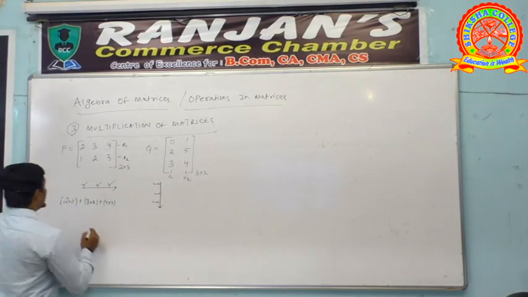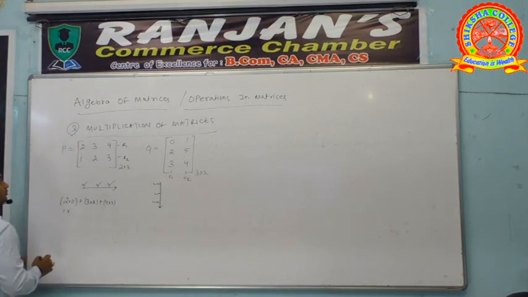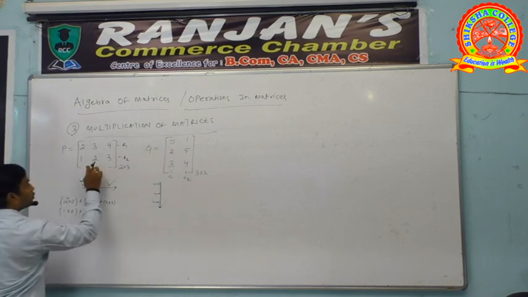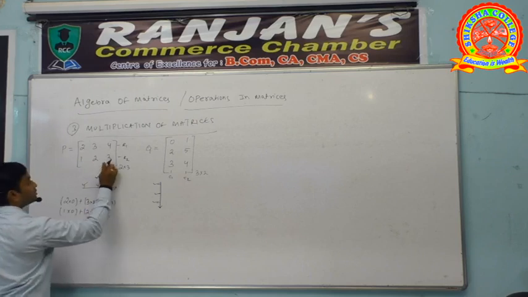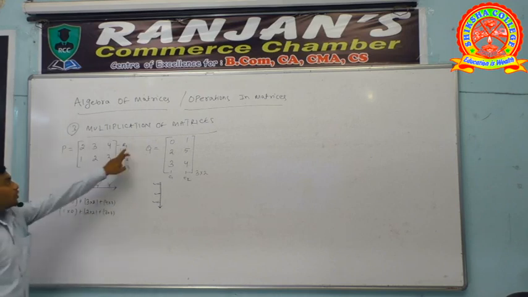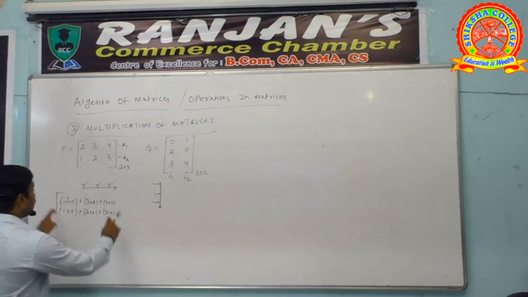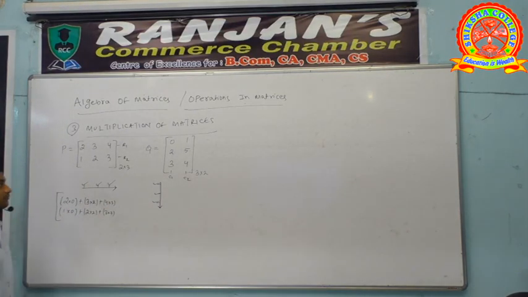So now 1 into 0, plus 2 into 2, plus 3 into 3. Okay, so 2 rows are derived. We have 2 rows, but this is only the first element; now the second element.